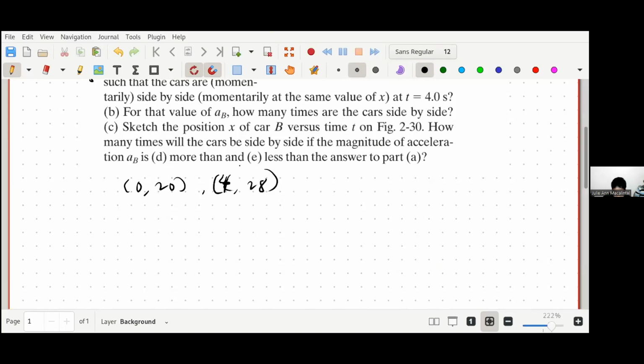So, X minus 20 over T minus 0 is equal to 28 minus 20 over 4 minus 0. So, we get 2. X equals 2T plus 20. May equation ka for that, di ba?